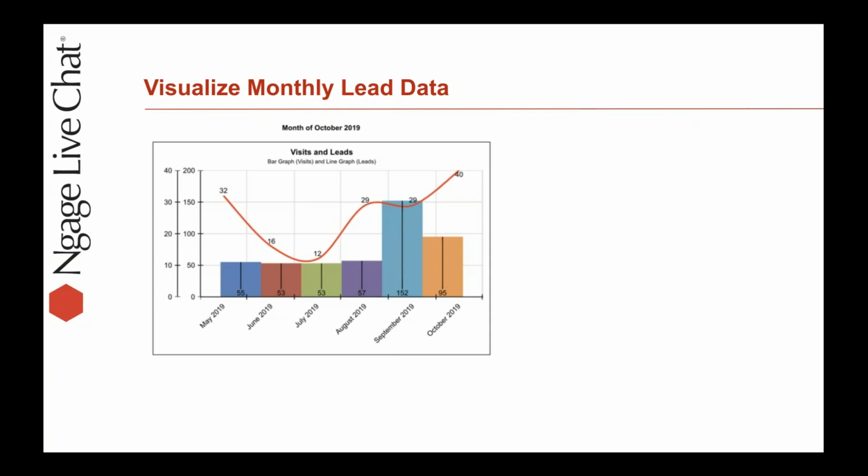But if you, unfortunately, happen to see a decrease in chat, you might look at the bar graph and see if there's an accompanying decrease in traffic. And vice versa, if you see an increase, you might want to double check to see if that increase is in line with your traffic to your site.